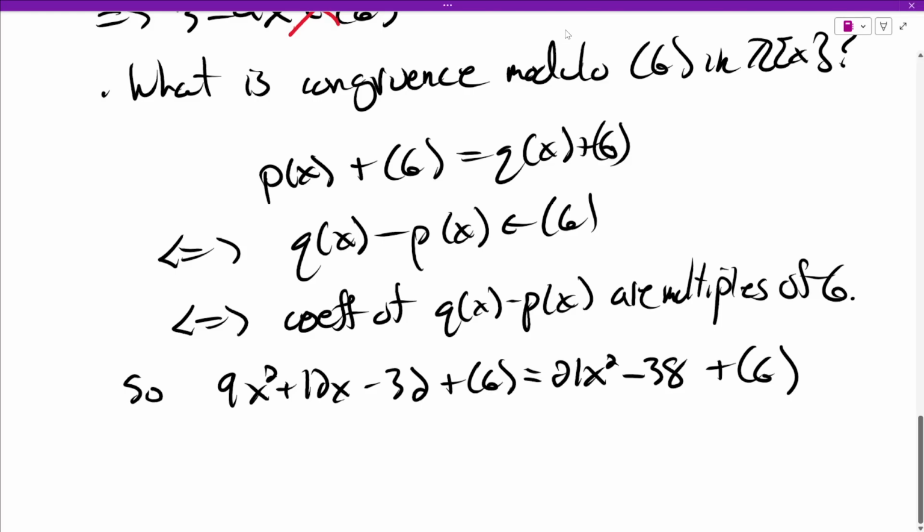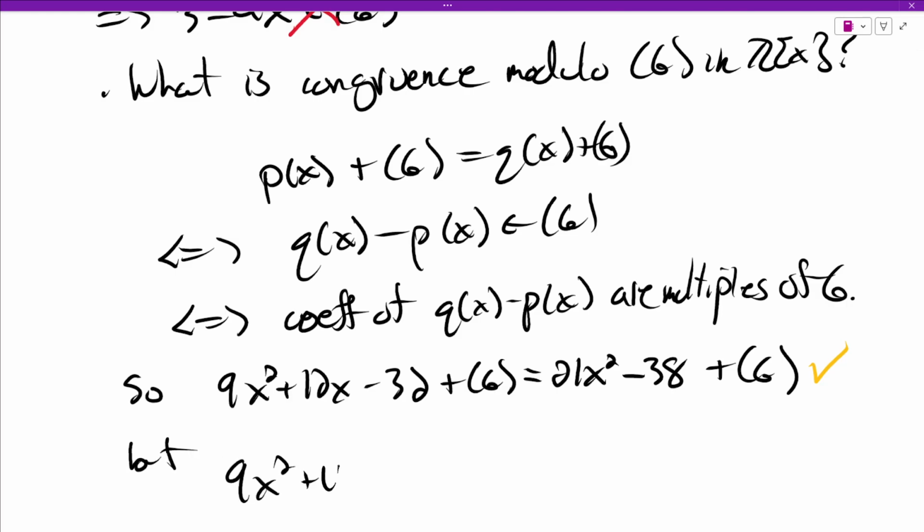Check. So the difference in x squared coefficients is a multiple of 6. 0 minus 12 is negative 12. Check. The difference in the x coefficients is a multiple of 6. Negative 38 minus negative 32 is negative 6. It's also a multiple of 6. So these are congruent modulo 6.